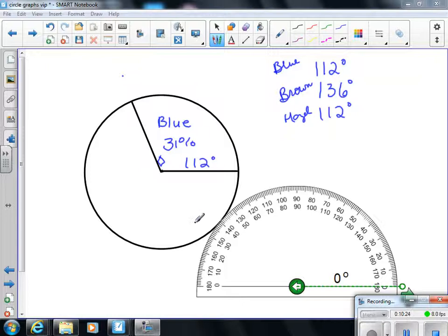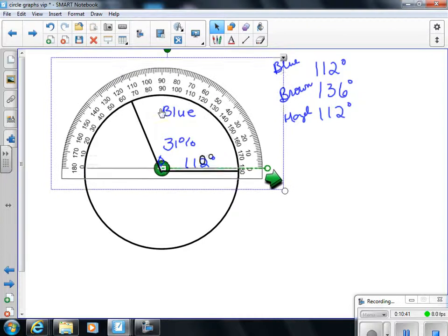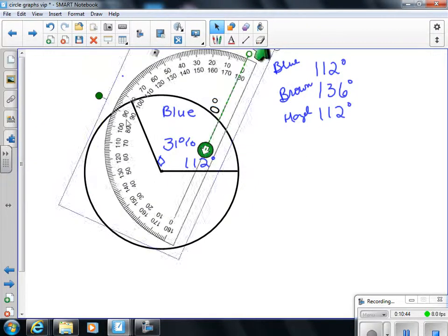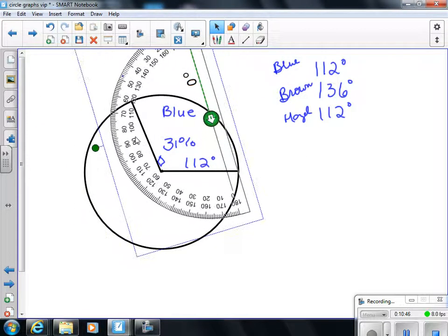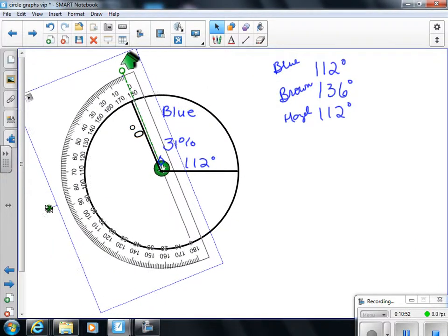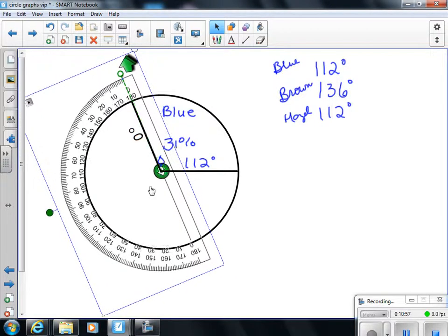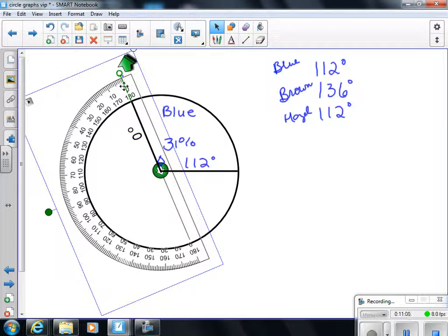Then here's what I suggest that you do. You need to rotate your circle so that your new baseline is the new line that you just created. So you're going to line your protractor up to where that's right over the center now.